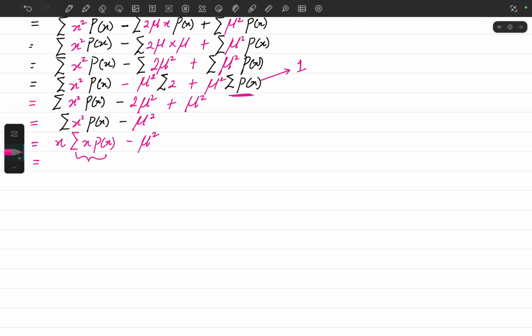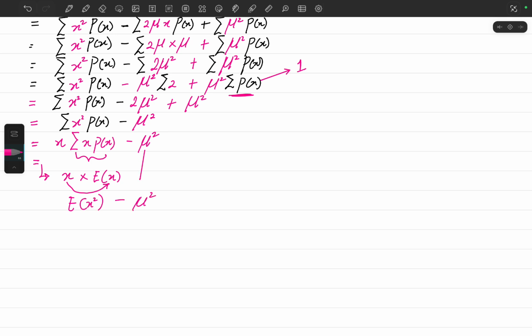Okay, so therefore I'm going to have to transition that, say x multiplied by, okay, sorry about that, x multiplied by the expected value. Now in this way, this x multiplied by that x, that gives me x squared minus the mu square.